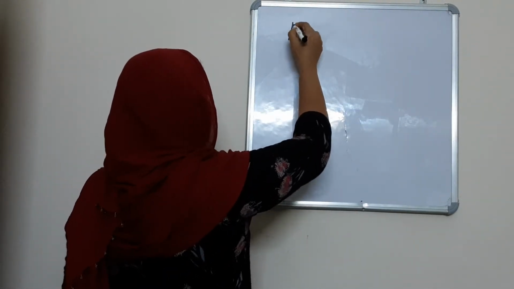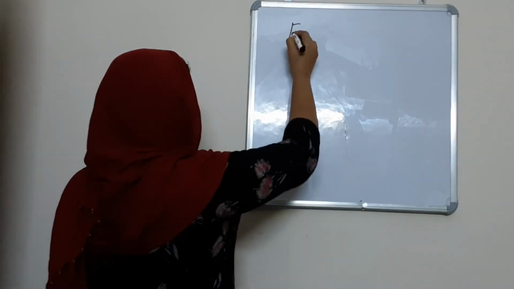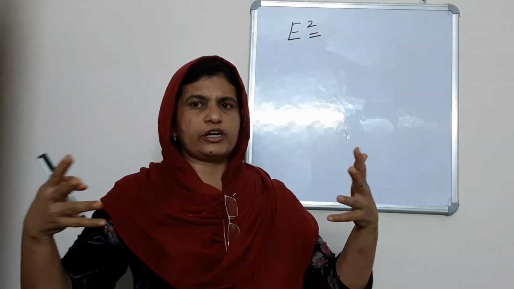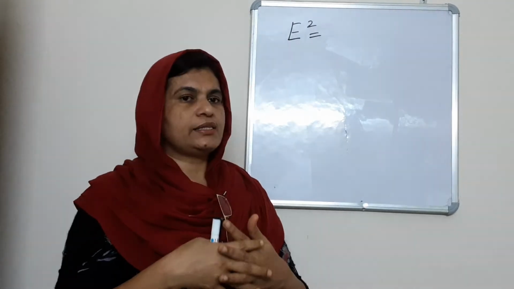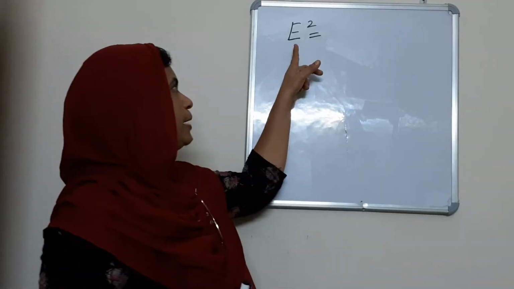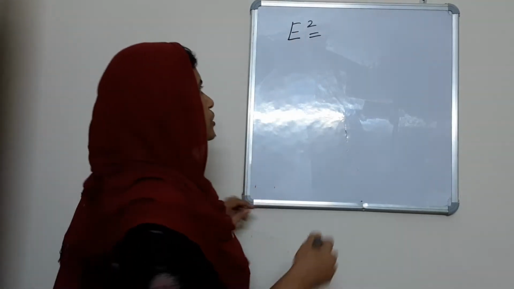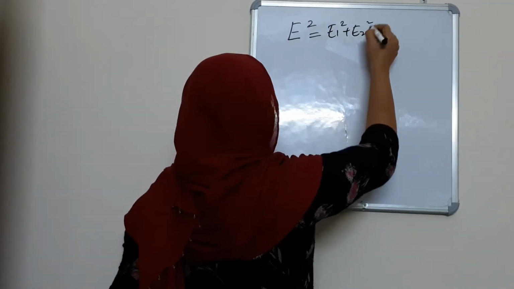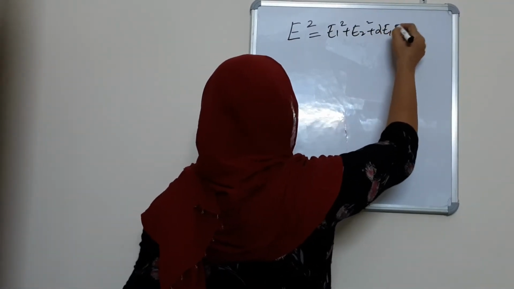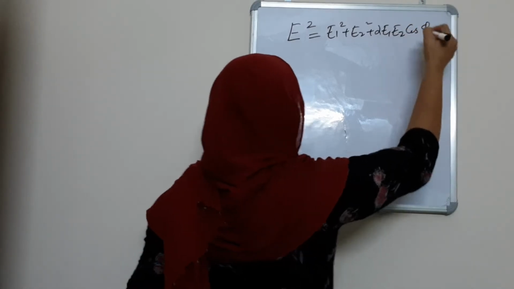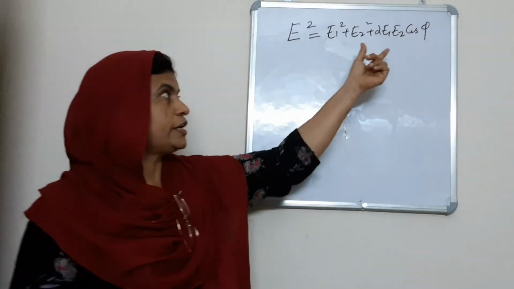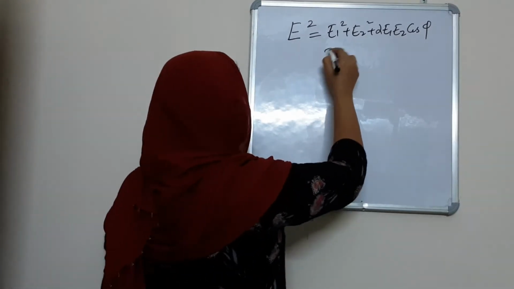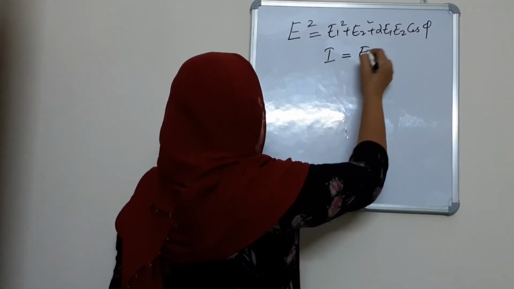When two waves from two coherent sources superimpose, the resultant wave has an amplitude E given by E square is equal to E1 square plus E2 square plus 2E1 E2 cos phi. As we know, intensity is proportional to E square.